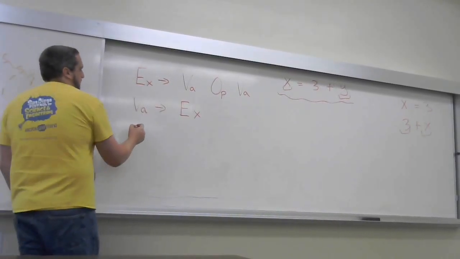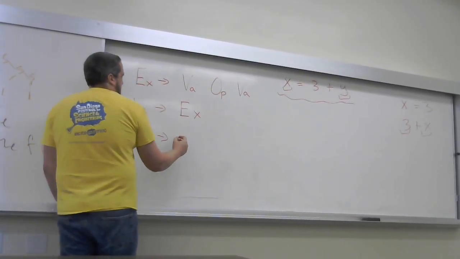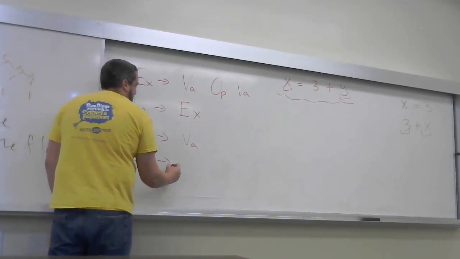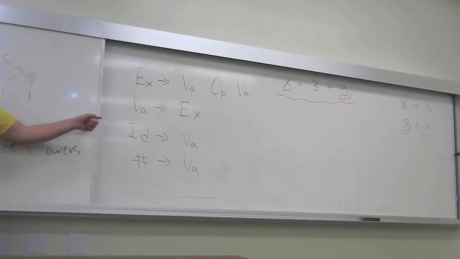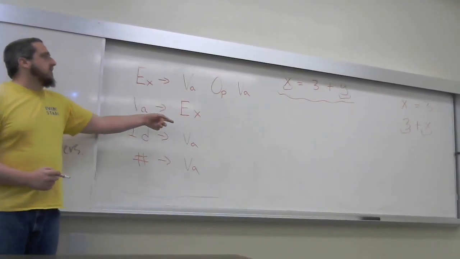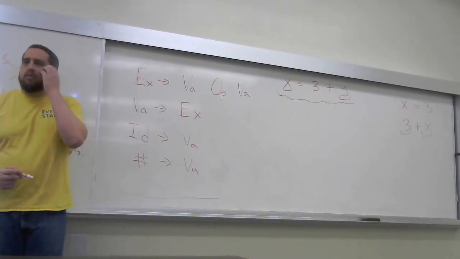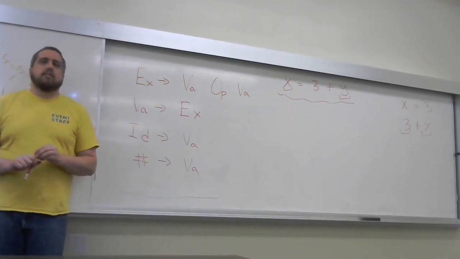Then we can have something along the lines of an identifier can become a value, and a number can become a value. So identifiers can become values, numbers can become values, values can become expressions, and expressions are values, operators, values. Does that validate that sentence there?